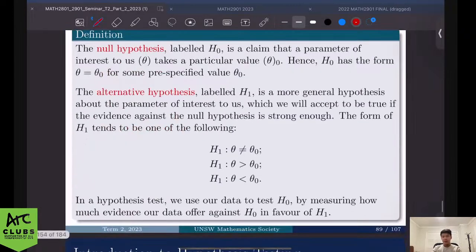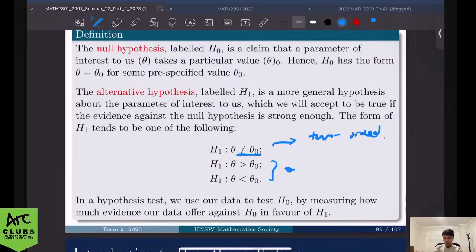It will either be theta is not equal to theta 0, which is called two-sided, or it could be one-sided, if we strongly suspect it lies in one direction, so it's going to be greater. And the whole point is to see how much evidence we have for H1 as opposed to H0.